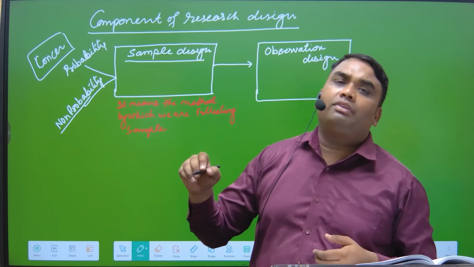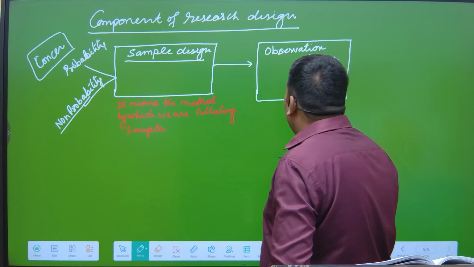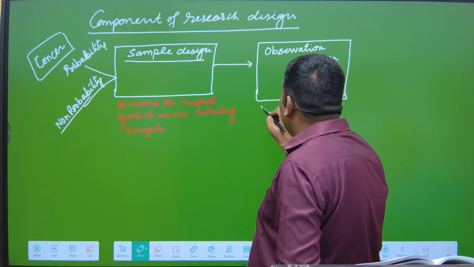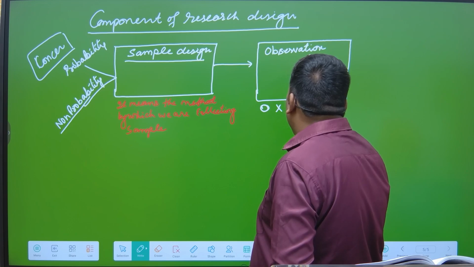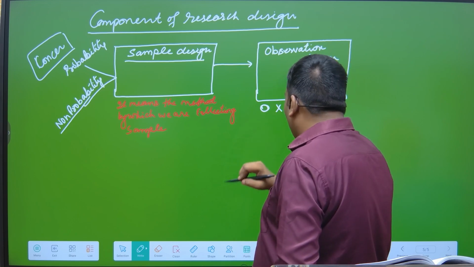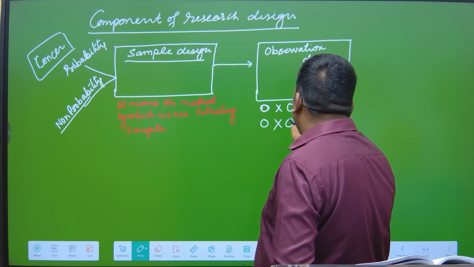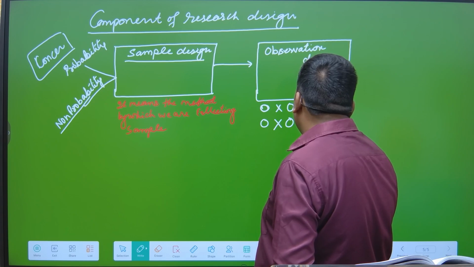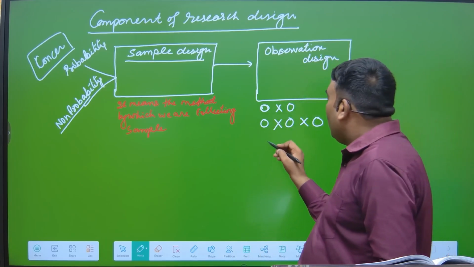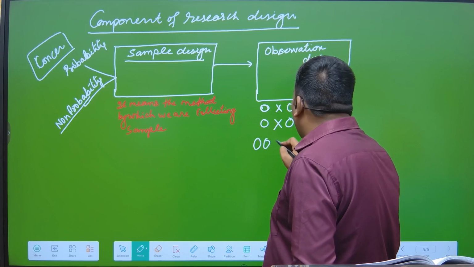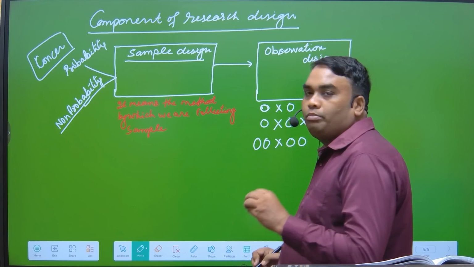So we may have different types of observational designs also. Like one of the designs: first imagine we observe the patient, then interventions, then again observations. Second, observations may be like first observations, then interventions, then again observations, then again interventions, then again observations. Sometimes we need twice observations, then interventions, then twice observations.